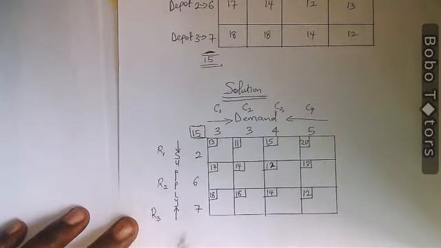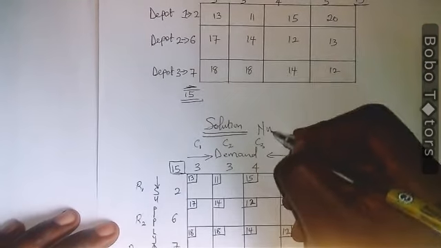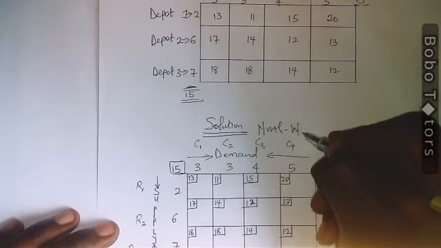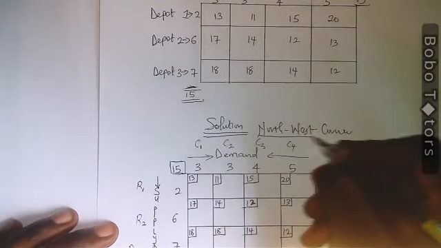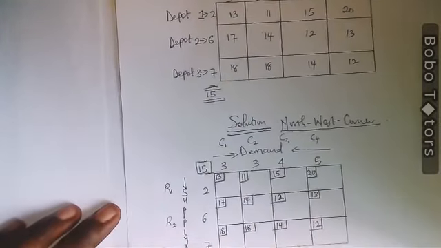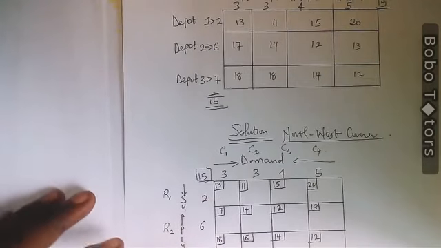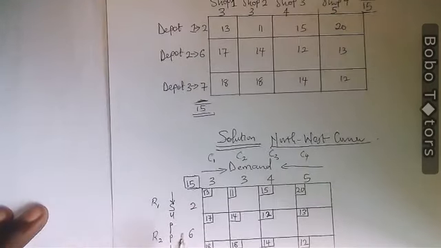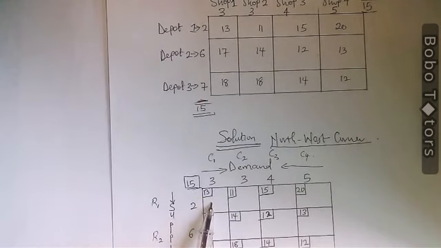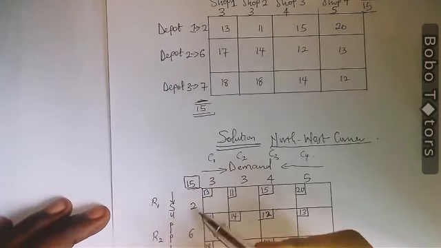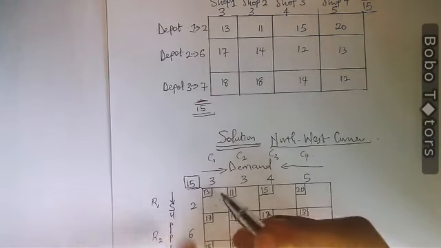Here I'm using the northwest corner. Under the northwest corner, you start from the left-hand side, from this corner here. You pick here. You see that we have 3 and we have 2.